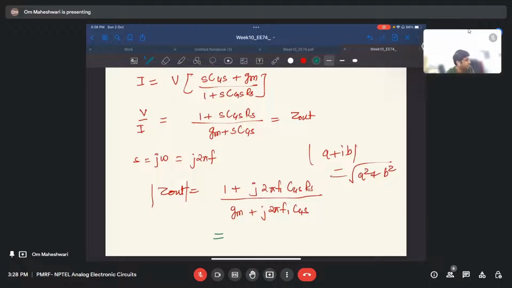If you solve it, you will get Z out as 42.99, and it will be kilo ohms, if f1 is 3.2 gigahertz. Rest everything is given: CGS is given, RS is given, and GM is also given. Okay, so is there any doubt in this?